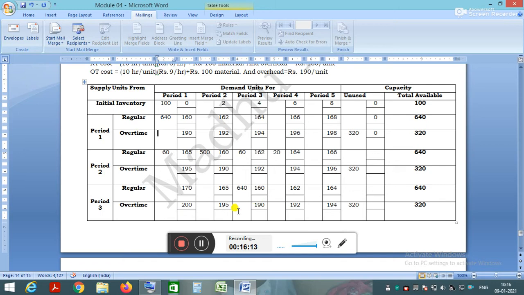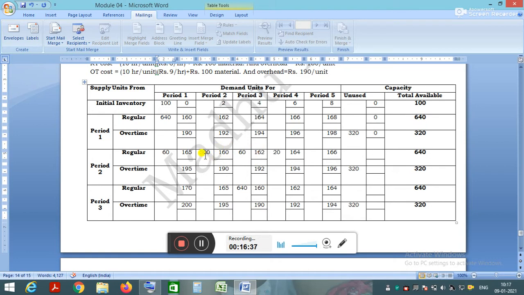But in period 2 we are still left with 80 products of capacity, as only 500 plus 60, 560, is filled. We can still manufacture 80 products because the capacity is 640. And the cost, see here, is 160 plus inventory cost of 162.